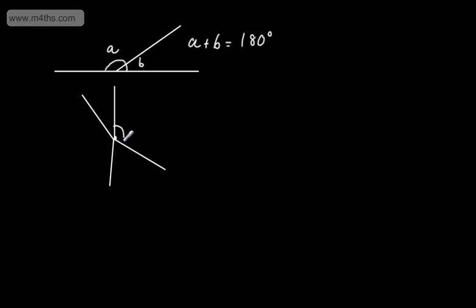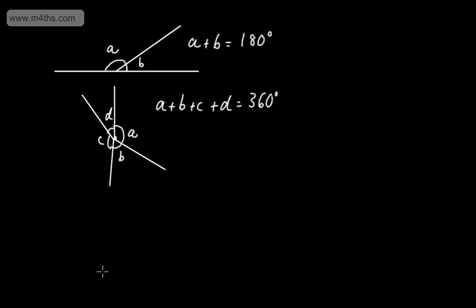So if we said that this was going to be A, this one here was going to be B, this one was going to be C, and this one was going to be D, we can say that A plus B plus C plus D will be equal to 360 degrees. We've done one entire revolution.